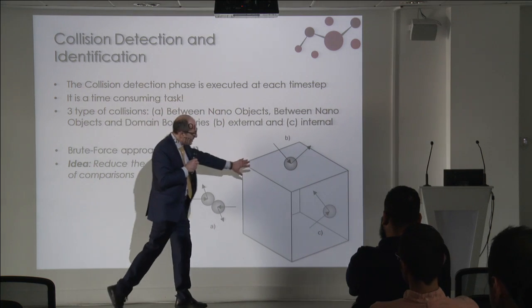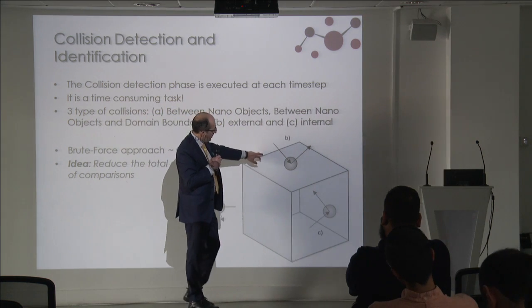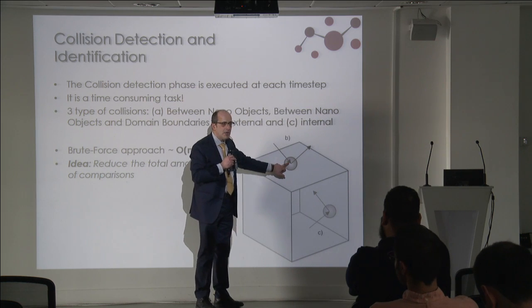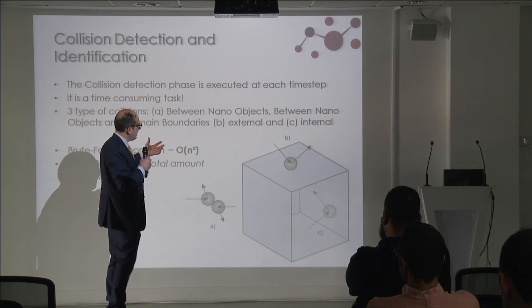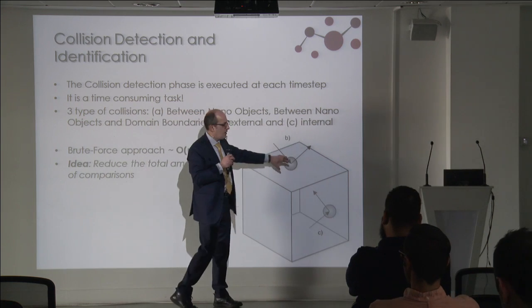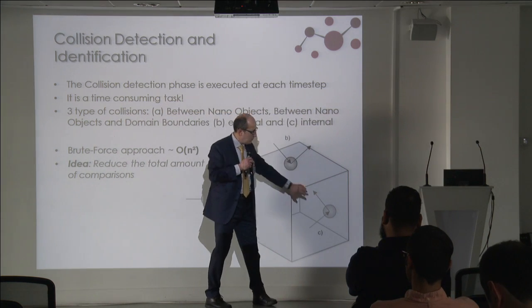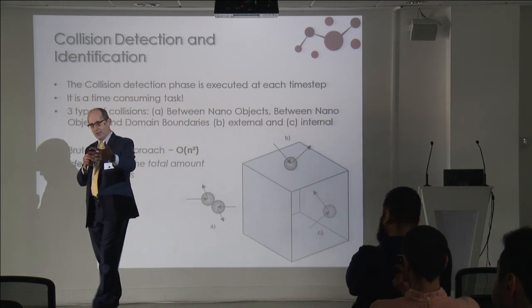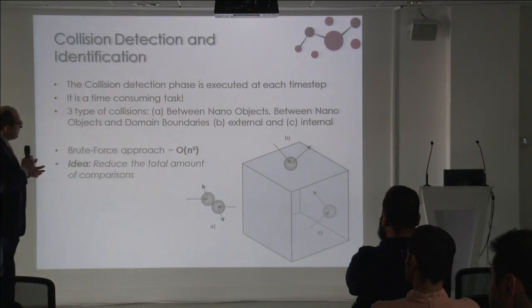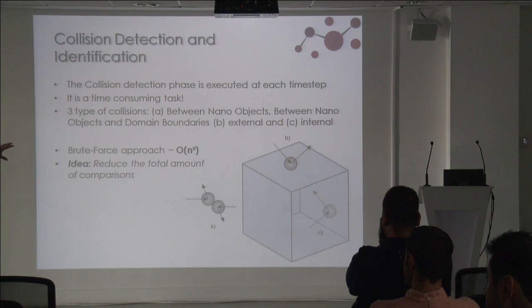This situation splits in two other situations, because the nanoparticle could be out of the domain and hit the external surface of the domain, or the nanoparticle could be within the domain and hit the internal boundary of the domain.